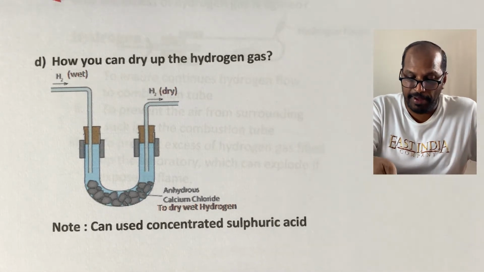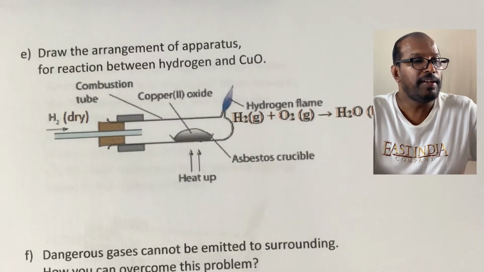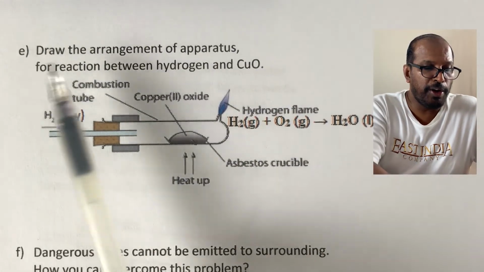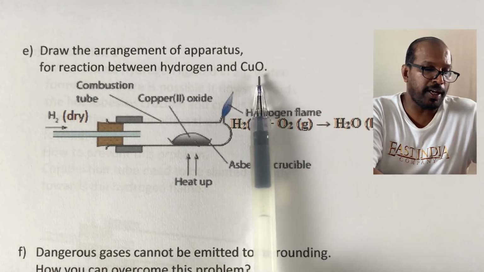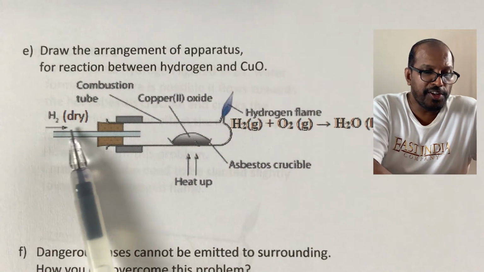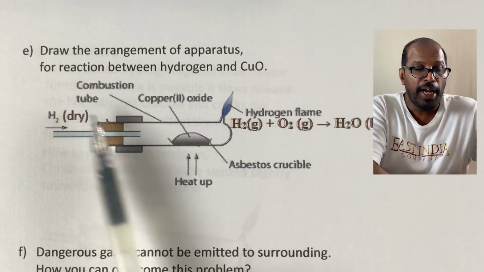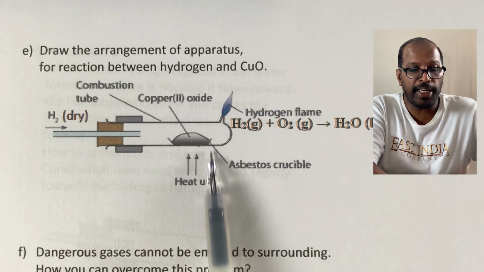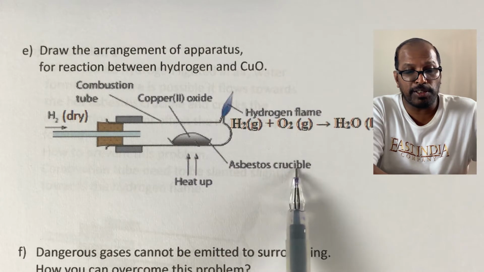Okay, the next step, the fifth level, is where we are going to draw an arrangement of apparatus for the reaction between hydrogen and copper oxide. Here we have hydrogen gas coming into a test tube. This is called a combustion tube, and inside I put copper 2 oxide, which is put inside an asbestos crucible.